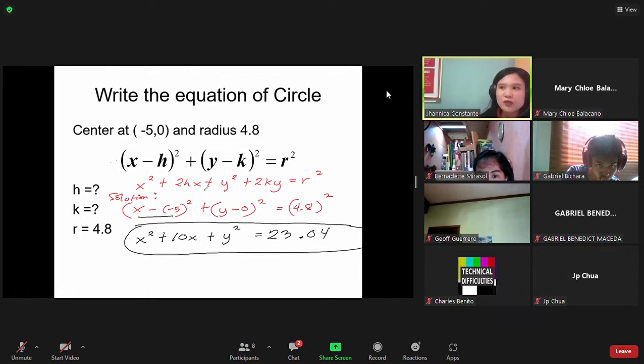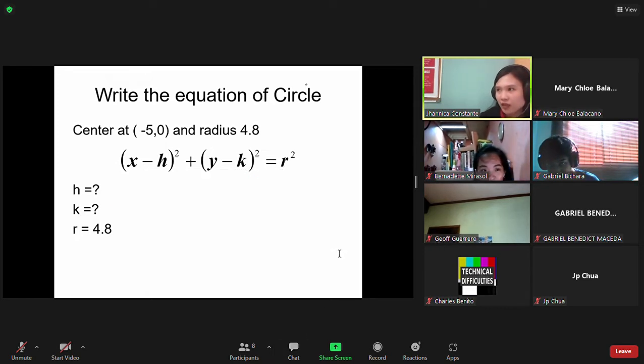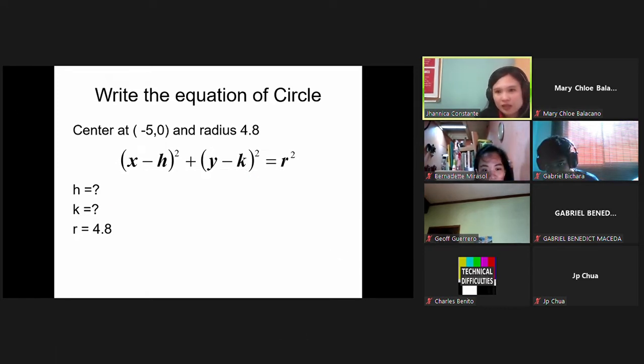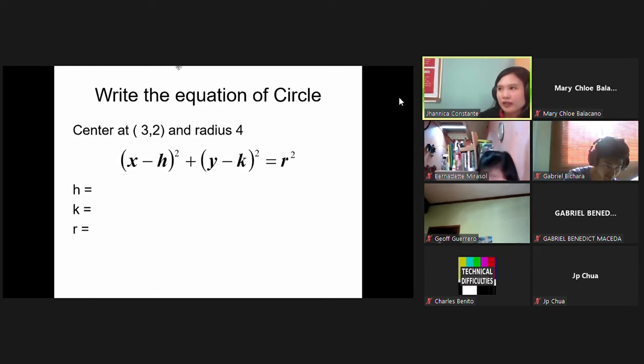Or you can use the easy way in writing the expanded form. For example, we have a new set of center and radius: center (3, 2) and a radius of 4.